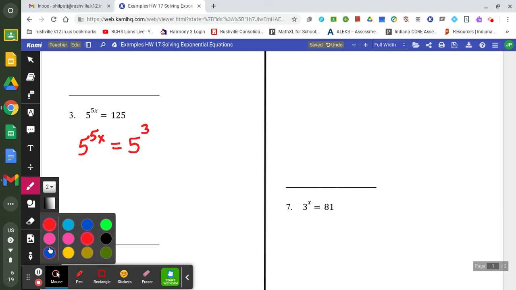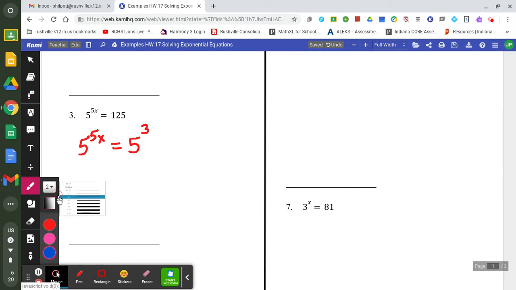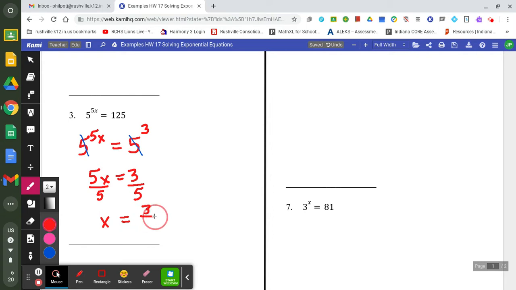So then once I have the bases the same, I can mark out the base. And so now I just have my exponents equal to each other. 5x equals 3, and then I solve for x. So my x is 3 over 5.